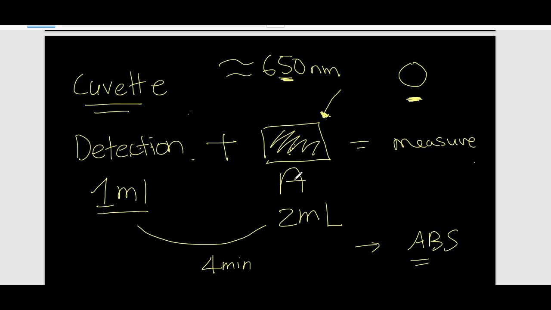You have to measure A, B, C, D, E, F, G. So prepare that many cuvettes, A through G, and put 1 ml of detection agent, which I will provide you, and then put 2 ml of either A, B, C, or D. Then wait and let it react.